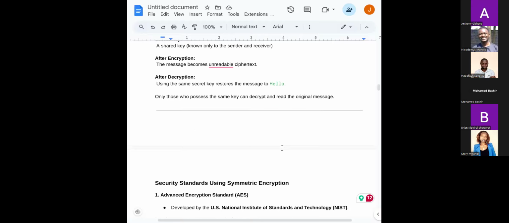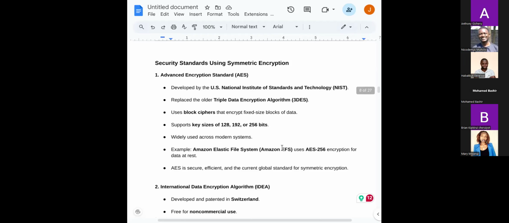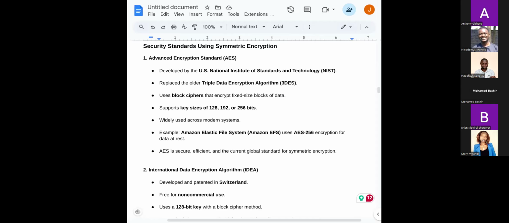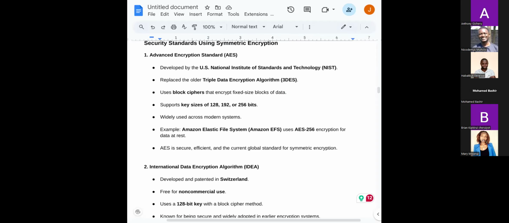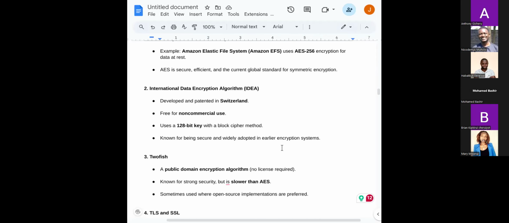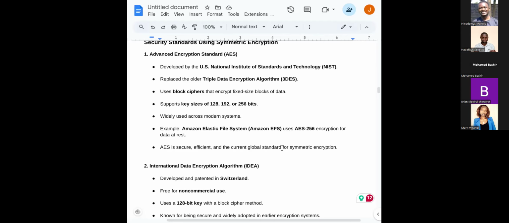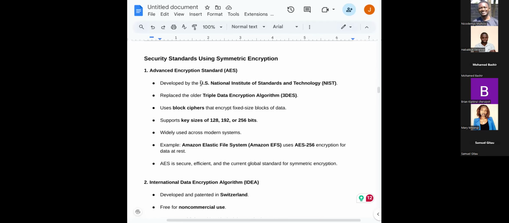These are some of the security standards that we have in symmetric encryption, which is not really important. I'm just going to pass through this because you don't need to know it in detail, unless you're doing cryptography and encryption.